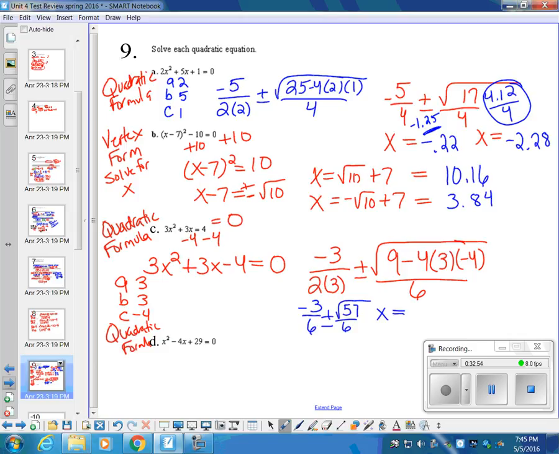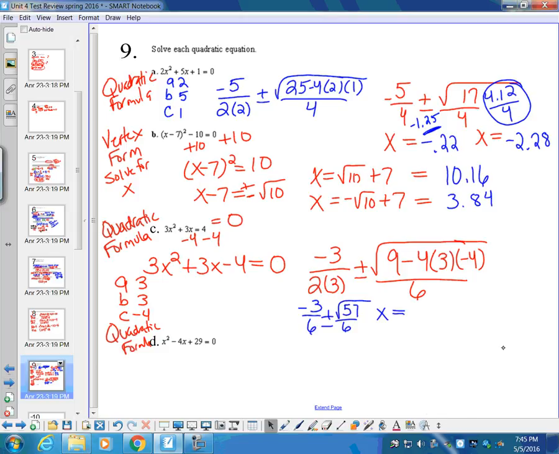So x equals negative 1/2 plus the square root of 57 divided by 6. x equals negative 1/2 minus the square root of 57 over 6. So the square root of 57 divided by 6 is 1.26.